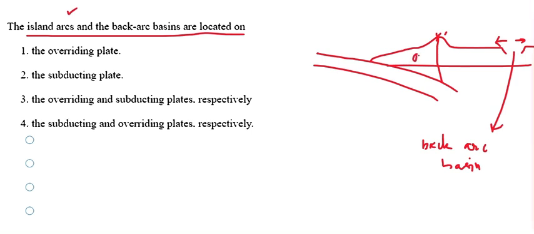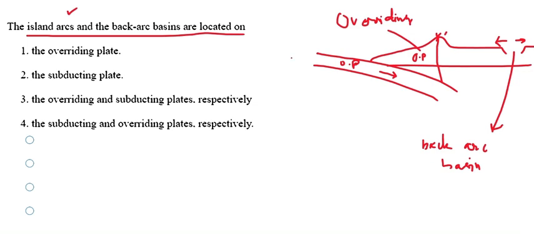This is an oceanic plate, and this one is also an oceanic plate. This plate has a high density, that's why it's going down, and this plate has low density in comparison to the plate that is subducting beneath. Due to that, we call it the overriding plate.